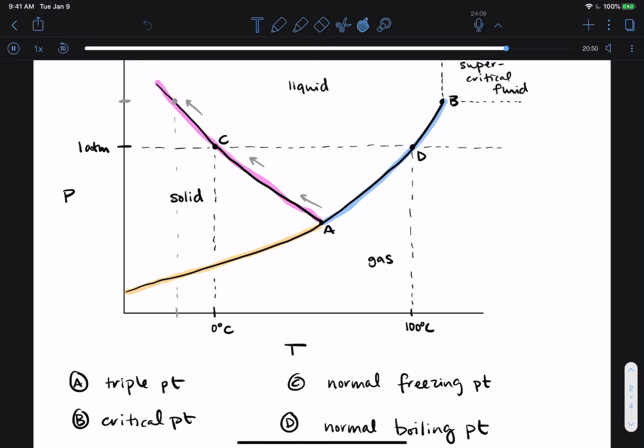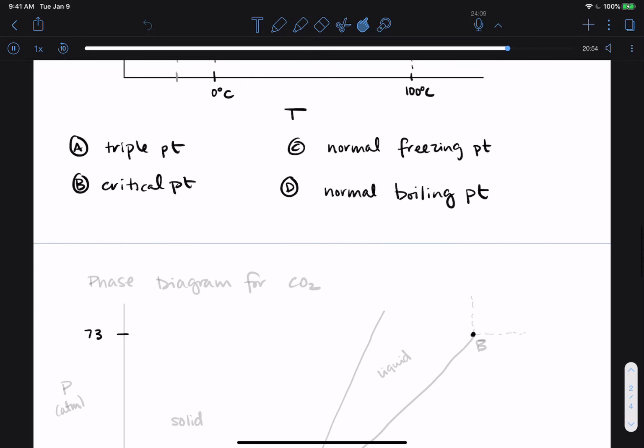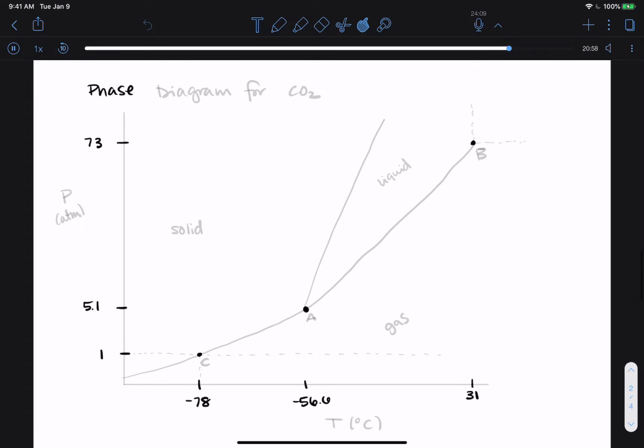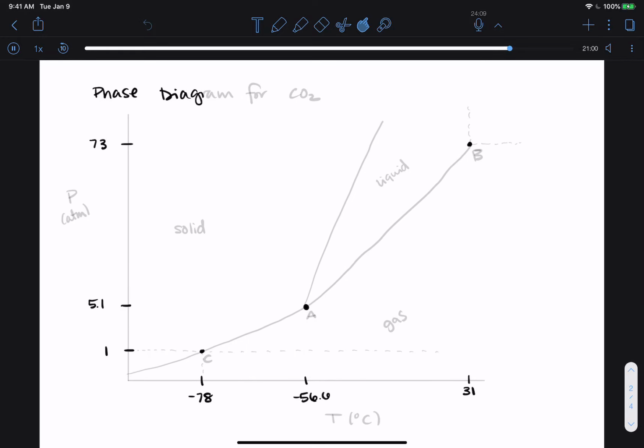Okay, so as a contrasting example, let's do a phase diagram for carbon dioxide. So it's still just a phase diagram. So we're going to do pressure versus temperature.